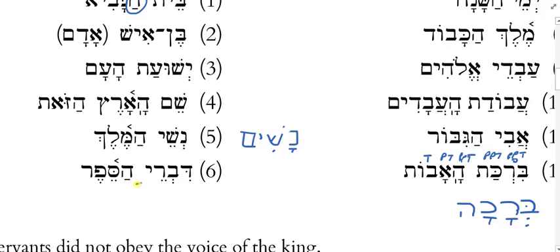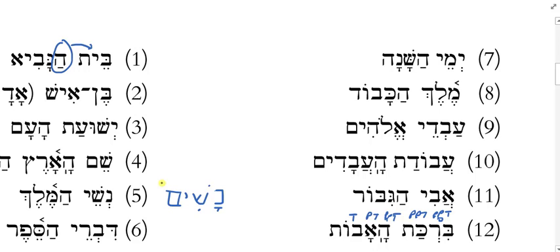All right. Divrei HaSefer. What's Divrei? The words. Is it construct? Yes. See the Canadian ending here? So we're going to translate this as the words of HaSefer, the book, or the scroll. The words of the scroll.